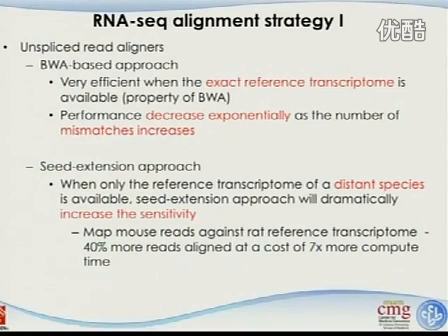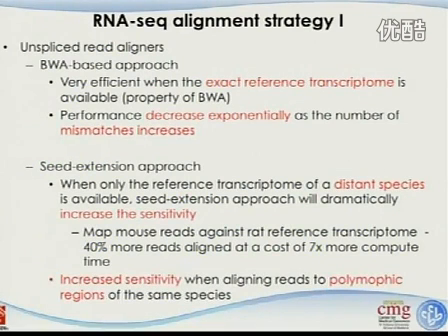Okay, and one study suggested that when mapping mouse reads against a rat reference transcriptome, 40% or more reads aligned, at a cost of 7 times more compute time using the seed extension approach compared to the Burrows-Wheeler transformation type of approach. There's also an increase in sensitivity when aligning reads to a polymorphic region of the same species. So if some region is very different and has a lot of SNPs, you probably don't want to use a BWT-based approach.